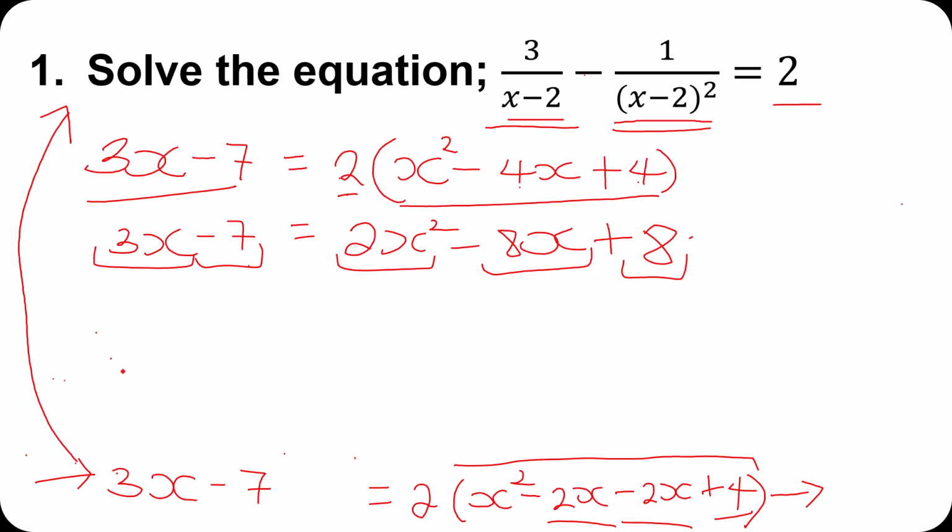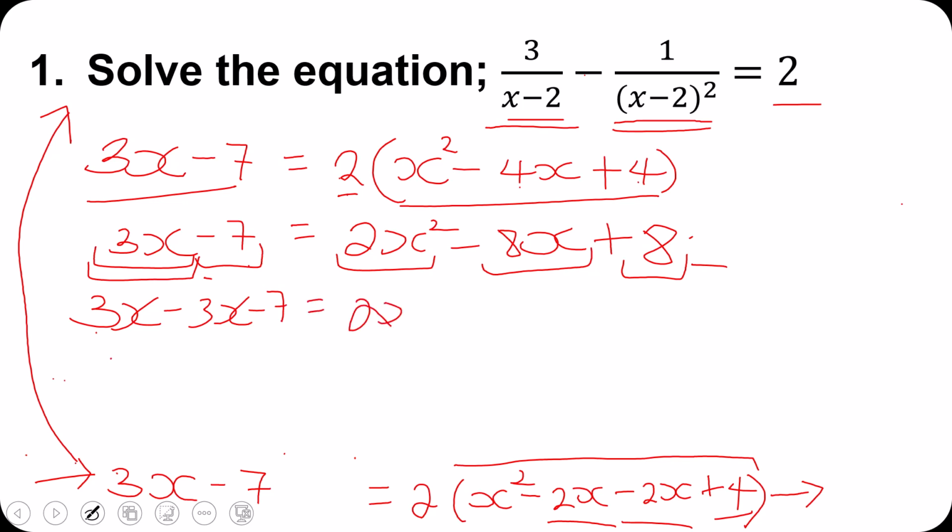So here we can decide to subtract 3x on both sides, and this 3x will disappear from this side and it will come to this side. So we can have 3x minus 3x, then minus 7 is equal to 2x squared minus 8x plus 8 minus 3x.